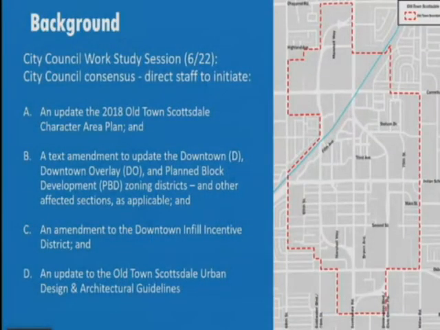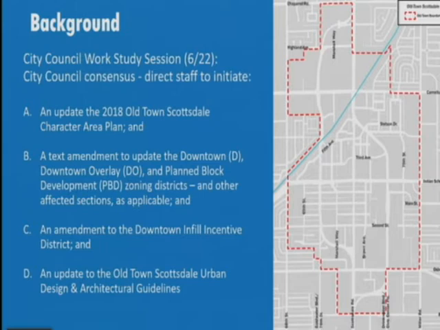So again, as you mentioned, staff is here in front of you this evening to discuss the Old Town Character Area Plan and associated documents as a result of a work study session that council had with staff on June 22nd. At that session, council gave some feedback on some items they would like the staff to address as part of an update to the Old Town Plan.